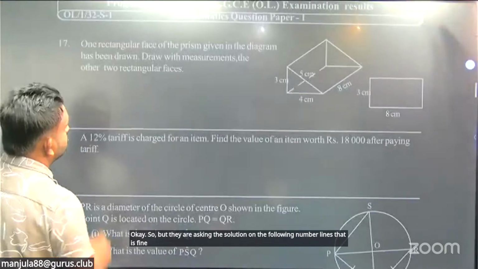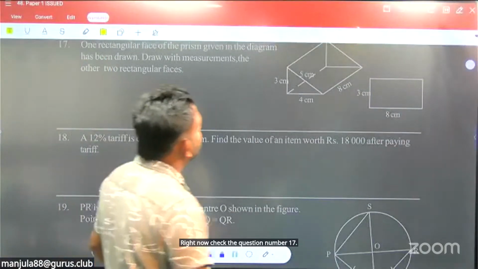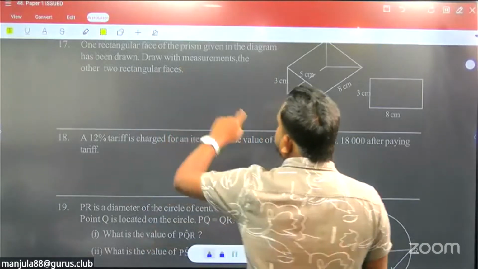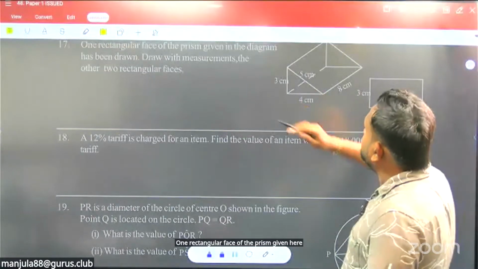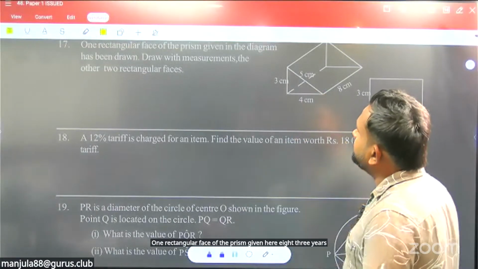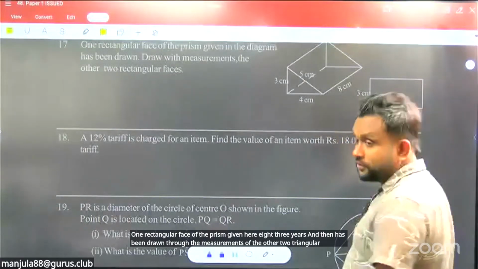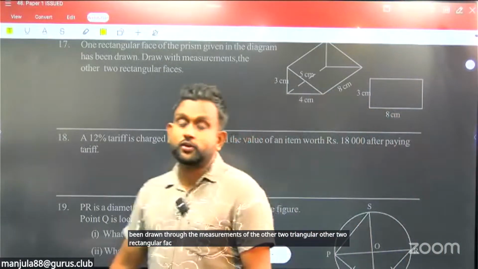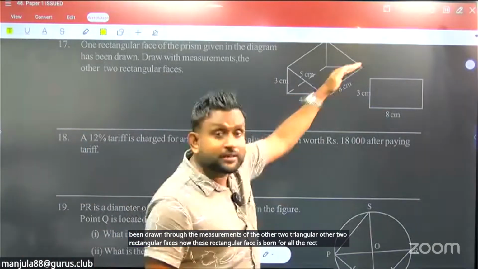Right, now check question number 17. One rectangular face of the prism given here, with 8 as length, has been drawn. Draw the measurements of the other two rectangular faces. How are these rectangular faces formed? For all the rectangular faces, the length is the length of the prism.